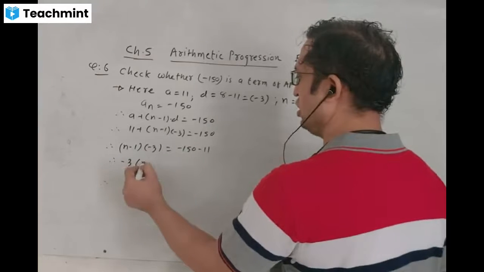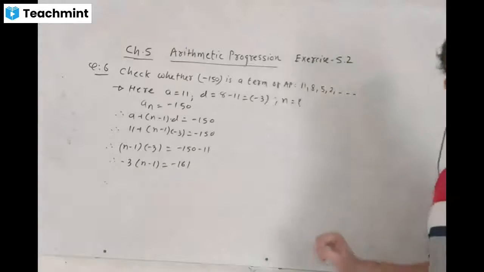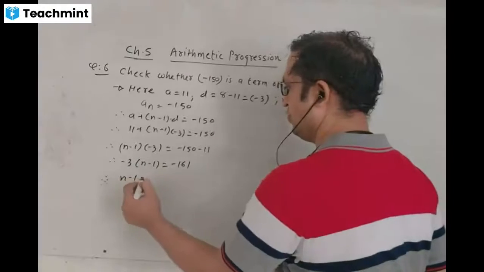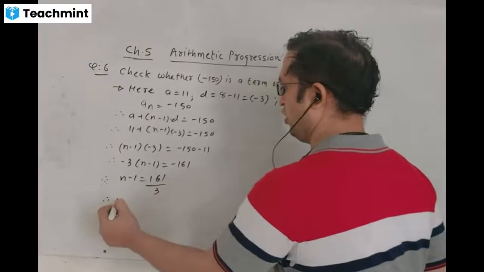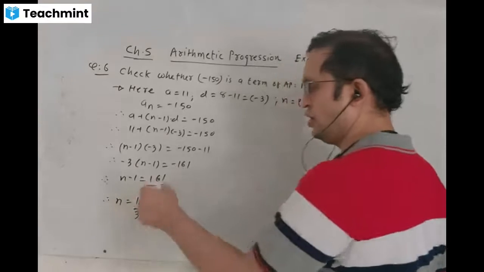Therefore, -3 into (n minus 1) is equal to -161. The minus signs cancel, so n minus 1 is equal to 161 by 3. Therefore, n is equal to 161 by 3 plus 1.